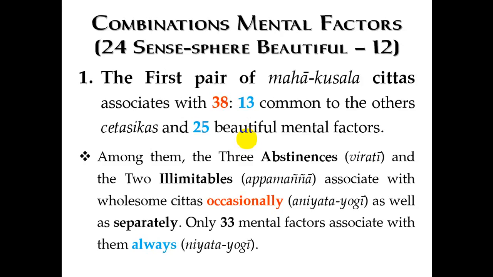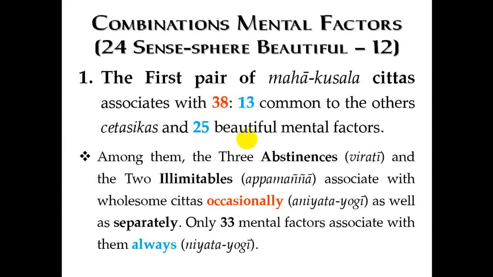And the 2 illimitables are the same thing. Only when you have compassion for those who are suffering, only when you have altruistic joy, that you congratulate those who are happy and successful. Other than that, those two will arise only occasionally, sometimes, not all the time.